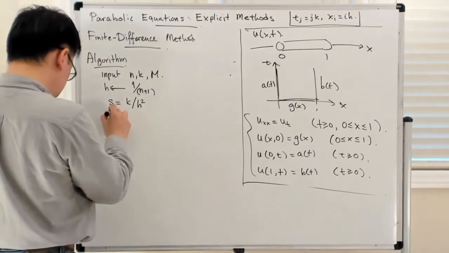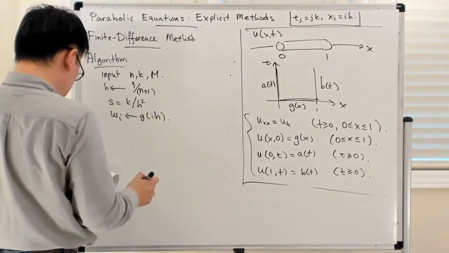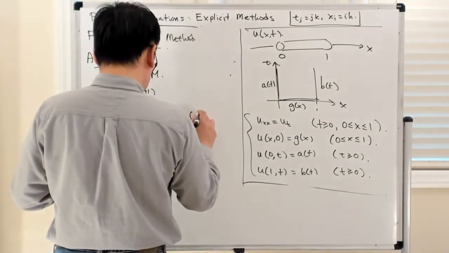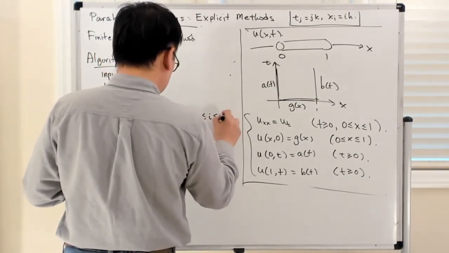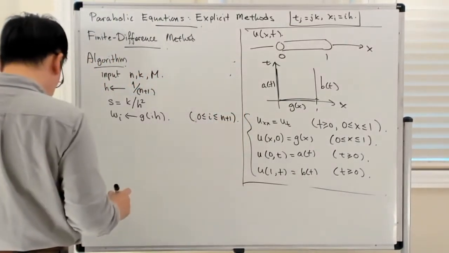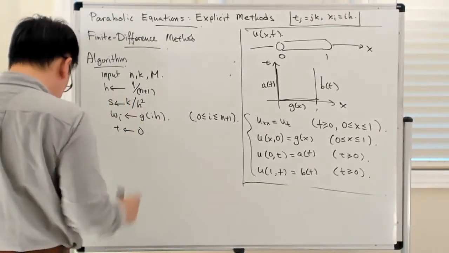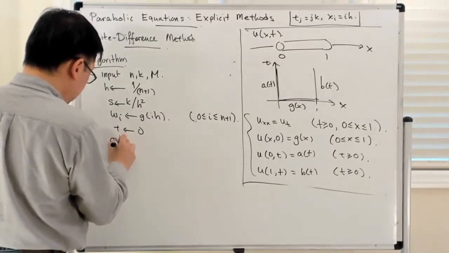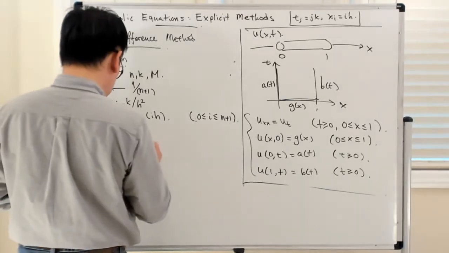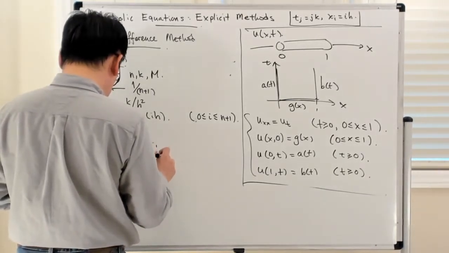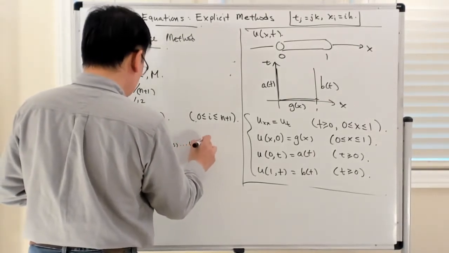And then w_i is g at i times h, and we let i vary between 0 and n plus 1 inclusive. And then t is 0. Then you output the initial time, and w_0 to w_{n+1}.